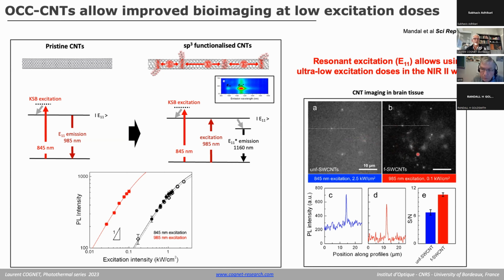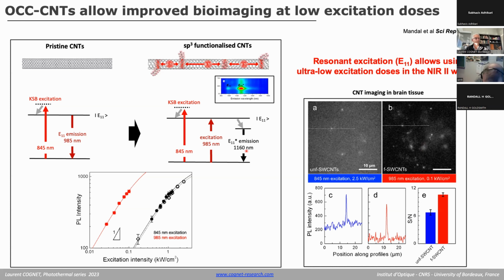So it allows us now really to reduce the dose of excitation that we put into the brain, and at the same time increase the signal-to-noise ratio. So we have a double benefit, and this is something that we are doing quite a lot now. So it's an excitation at 985 nanometers and emission at 1160 nanometers. So it's really near infrared emission and excitation.